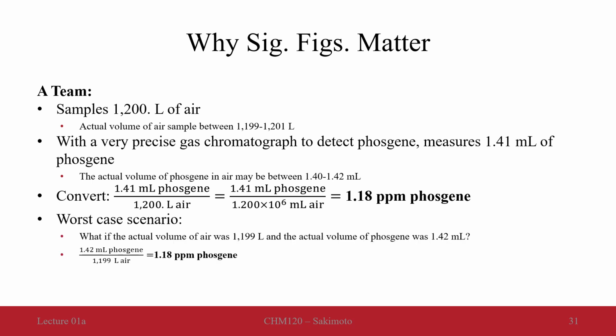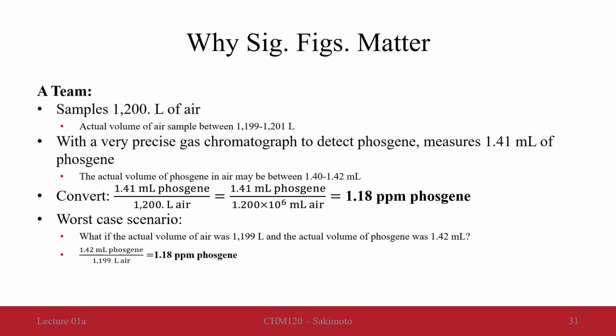We might consider a worst case scenario. Let's say that their estimates were sort of at the high and low end of that little window, of that range of uncertainty. What if they actually measured a smaller amount of air, 1,199, and a higher level of phosgene, 1.42, at the upper and lower ends of their uncertainty?